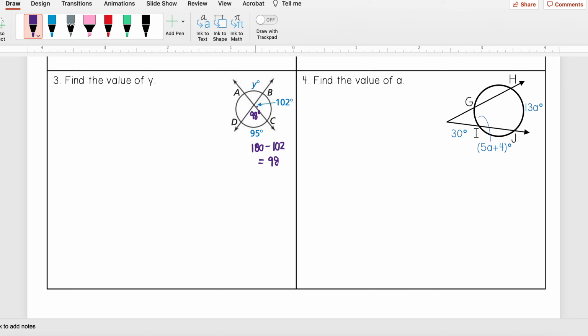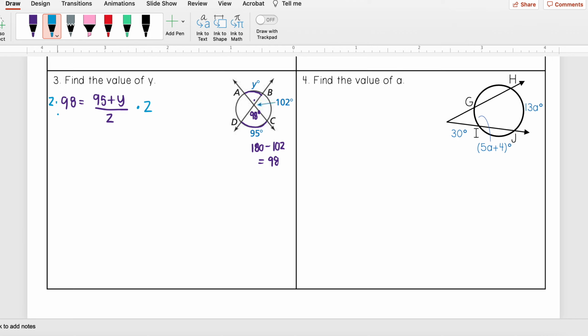And now I can create my equation, and I know that my inside angle, which is 98, is equal to its intercepted arc, which is 95, plus its vertical angle's intercepted arc, which is y, divided by 2. Now I need to solve this equation for y. So my first step to get this divided by 2 gone is to multiply both sides by 2.